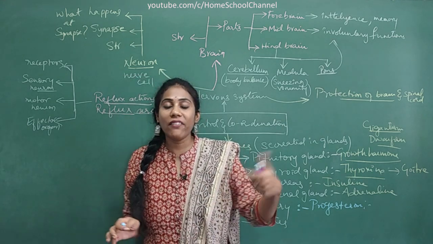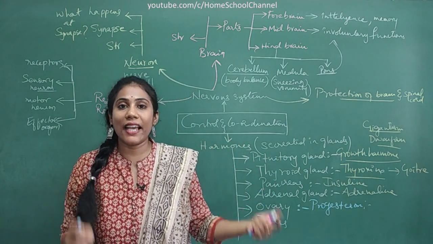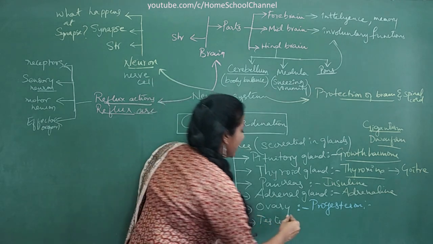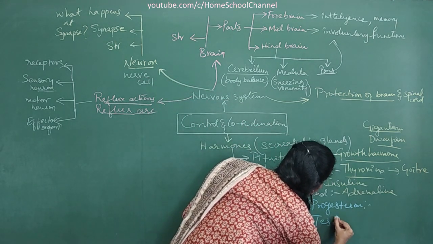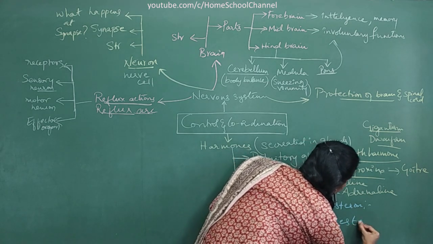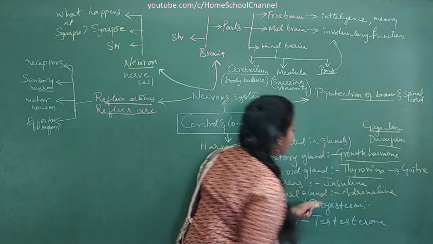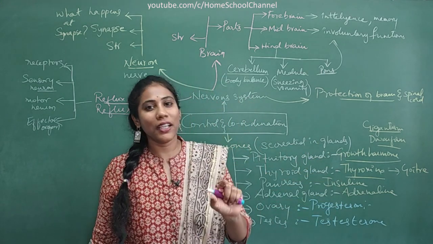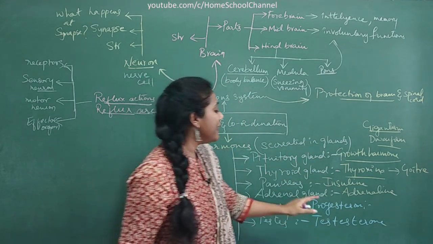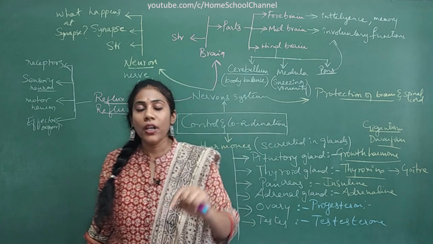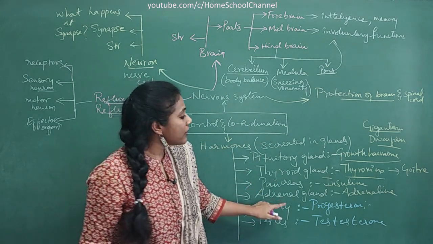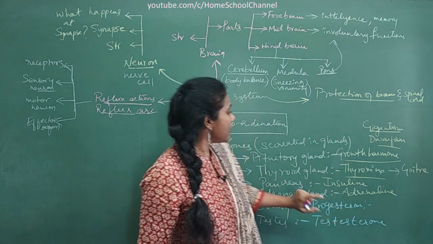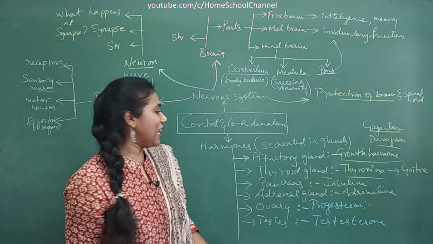It will help in developing secondary female characters. Similarly, the testis secretes a hormone called testosterone. You have to write the spellings of the hormones correctly, don't make a mistake. And testosterone's function is to develop male secondary characters. So these are the important hormones secreted by the different glands.